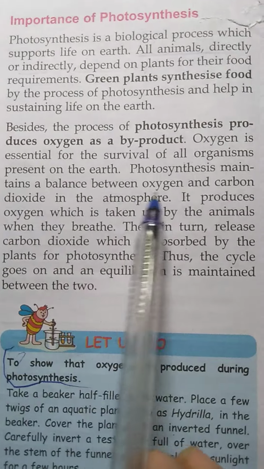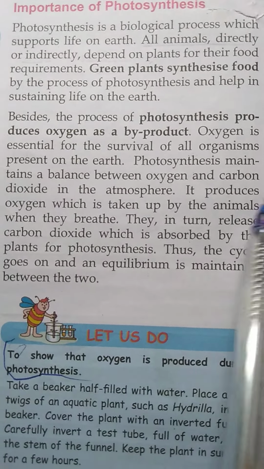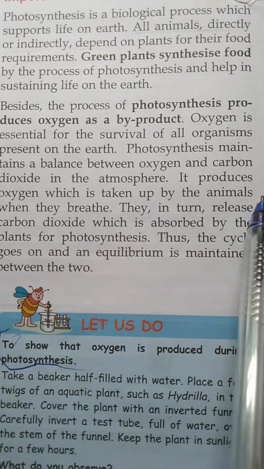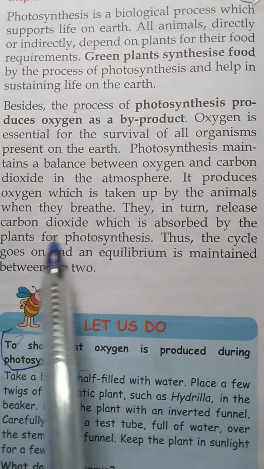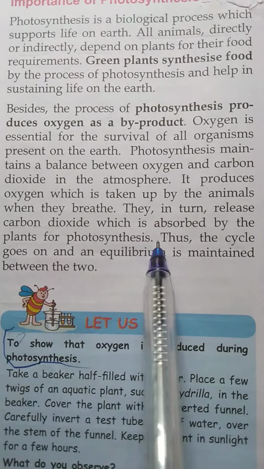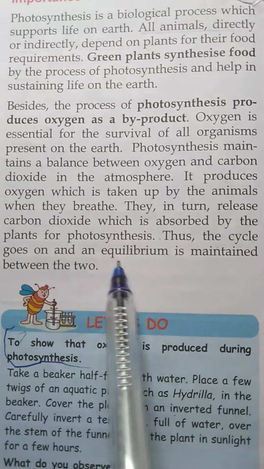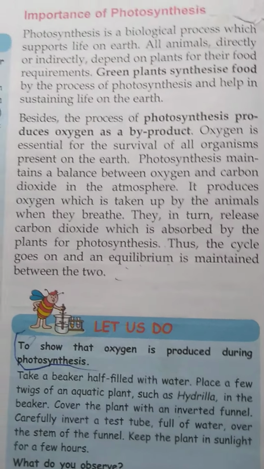Photosynthesis maintains a balance between oxygen and carbon dioxide in the atmosphere. It produces oxygen which is taken up by animals when they breathe. They in turn release carbon dioxide which is absorbed by the plants for photosynthesis.